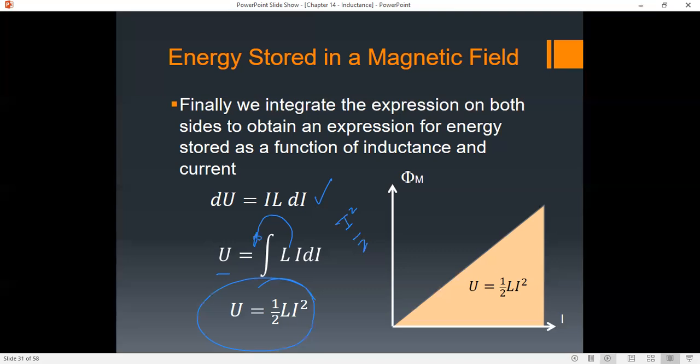So that's the amount of energy that I get in a magnetic field due to a current in an inductor.